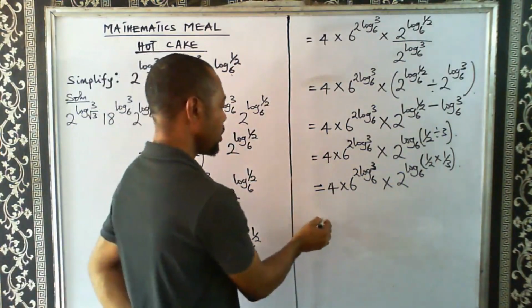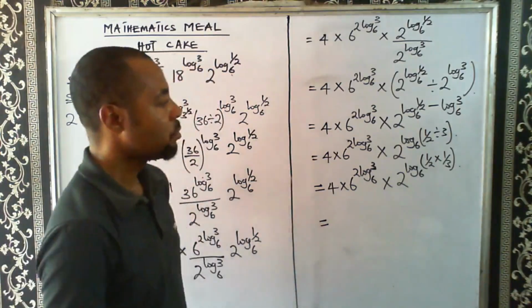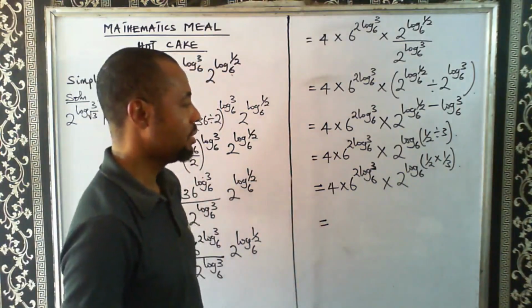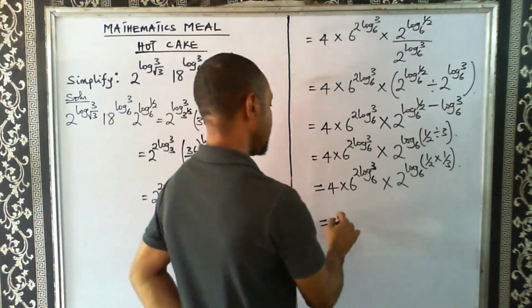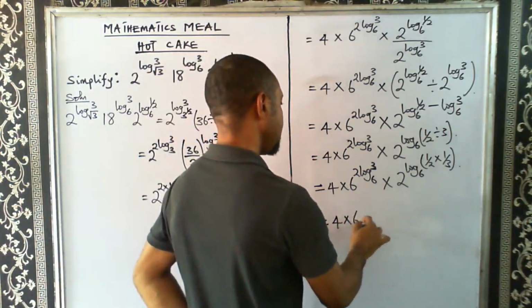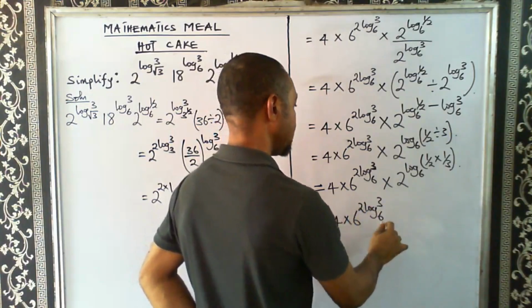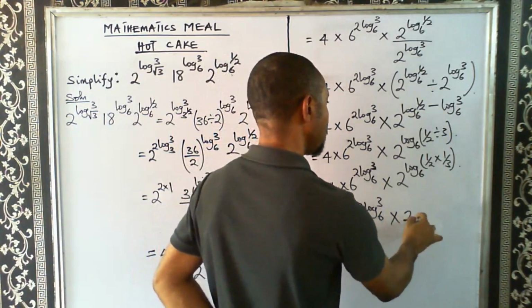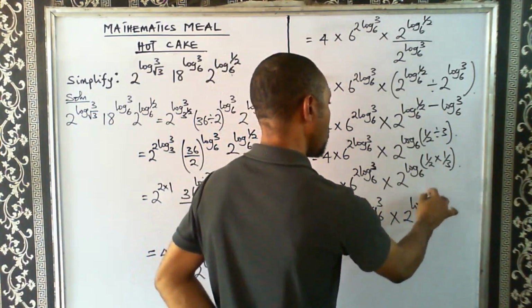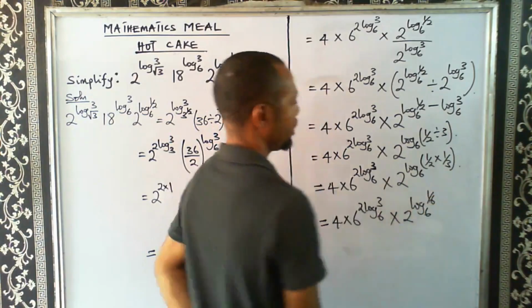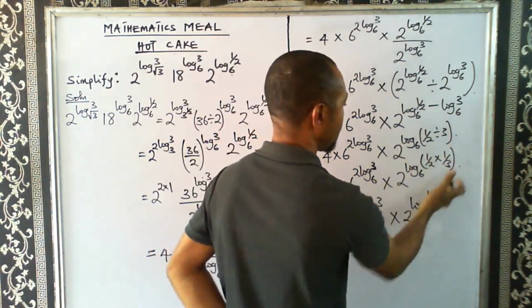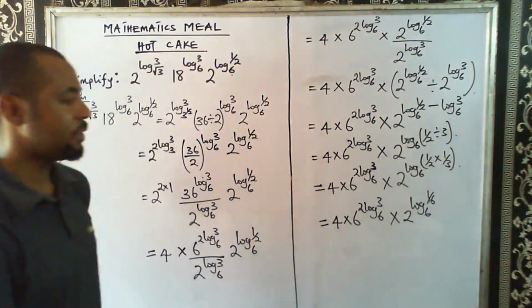That's what we're going to have. So if we do that, then we'll now have 4 times 6 raised to power 2 log 3 in base 6 times 2 raised to power log 1 over 6 in base 6. Because 1 times 1 is 1, 2 times 3 is what? 6. So we have this.